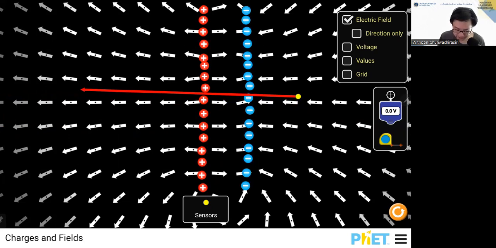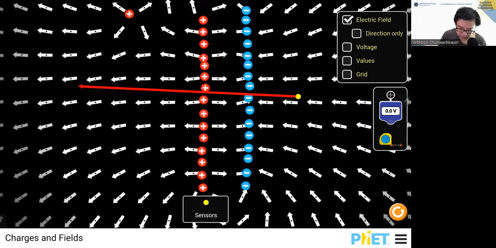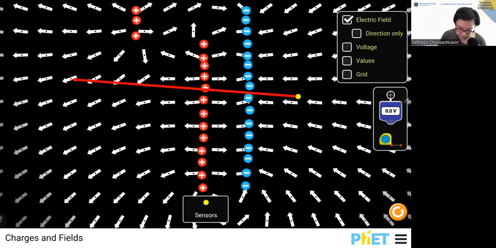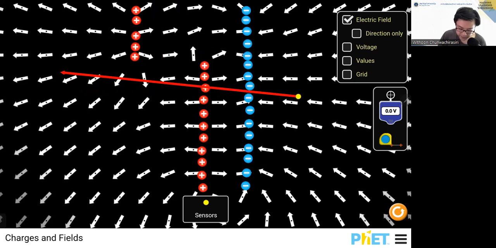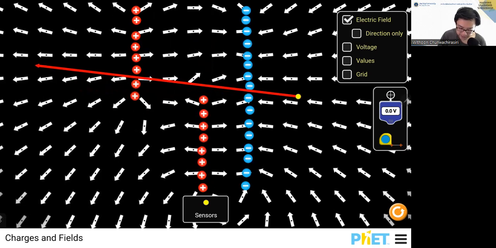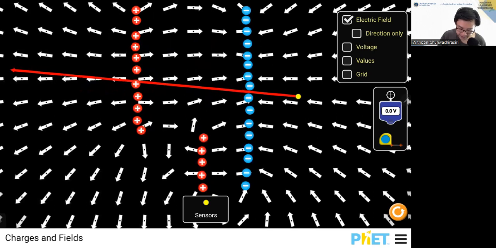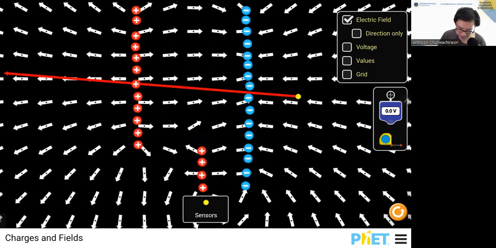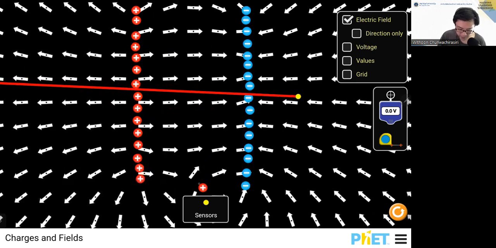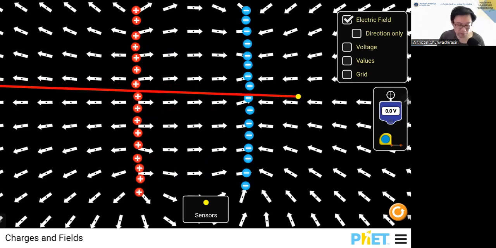That's so weird. Is it that I'm bringing them too close? No. Maybe this simulation is kind of realistic. I think the density is too low, so that's why you won't get the cancellation that I really want.